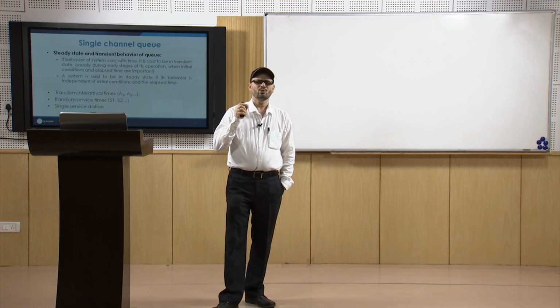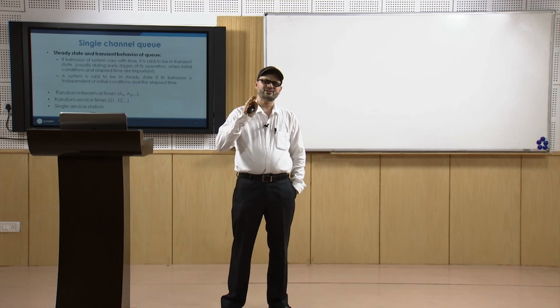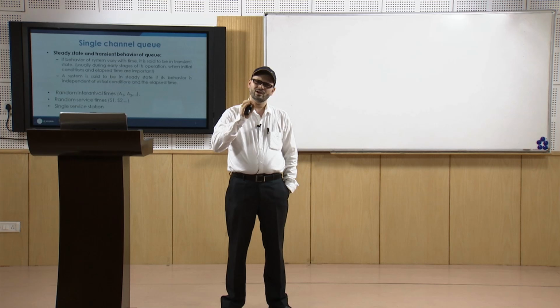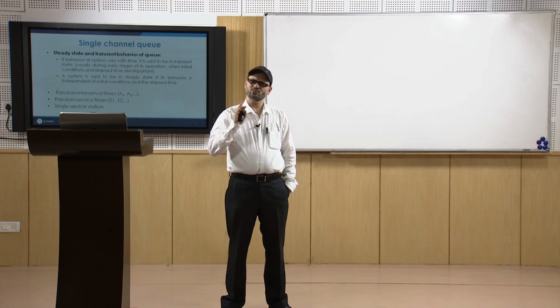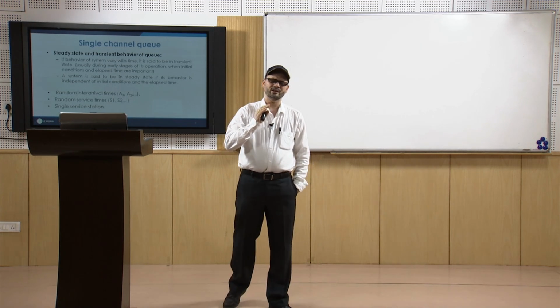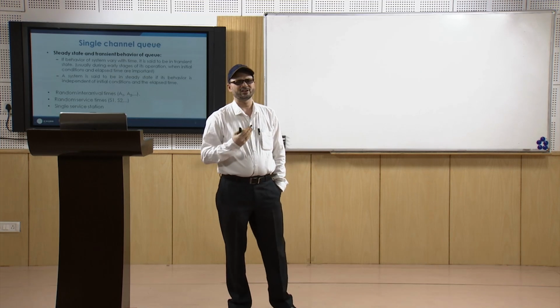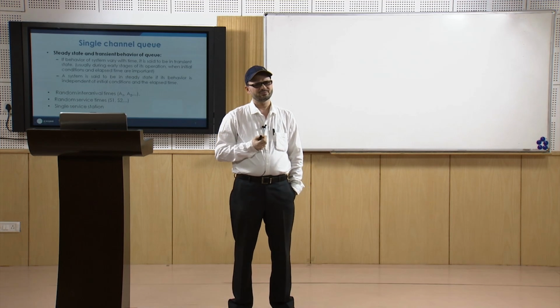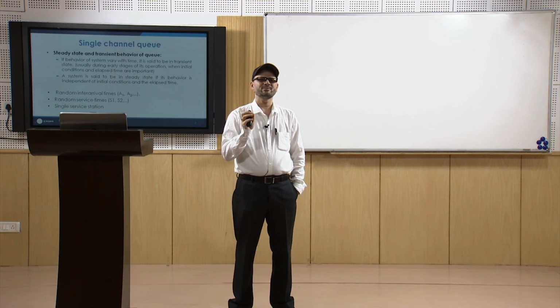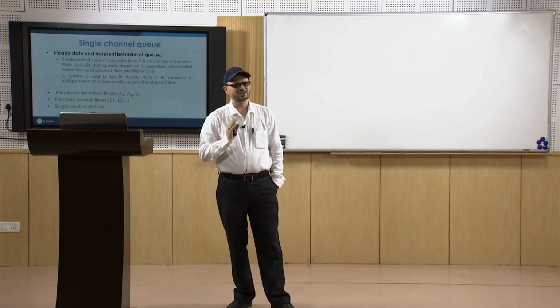First of all, we try to find the probability of n customers at time t plus dt. In queuing, different terms are used: lambda is the arrival rate, mu is the service rate, and dt is the time elapsed between t and t plus dt.